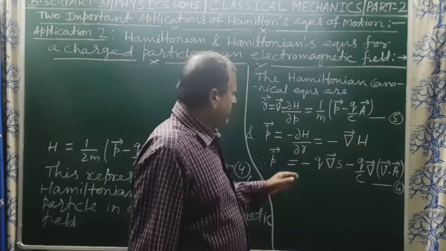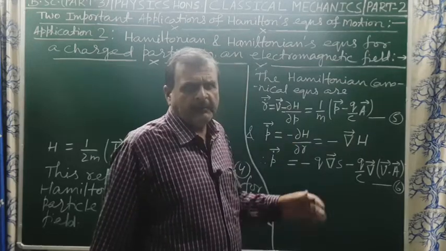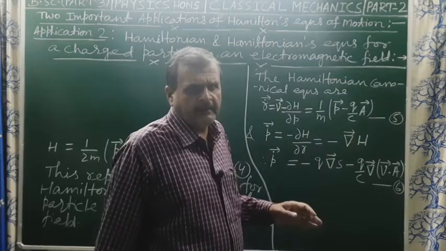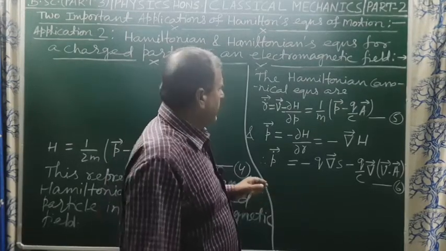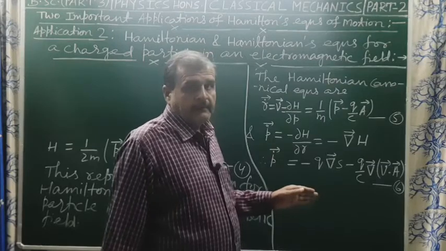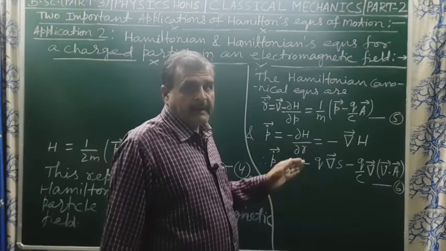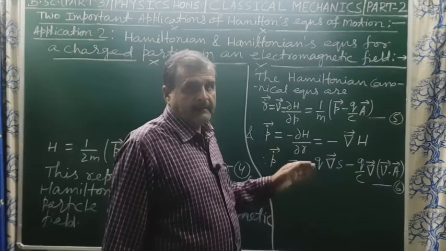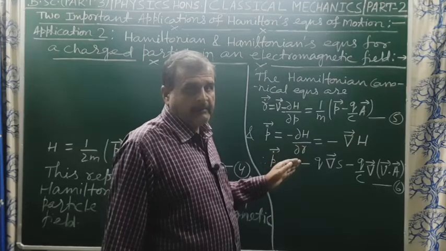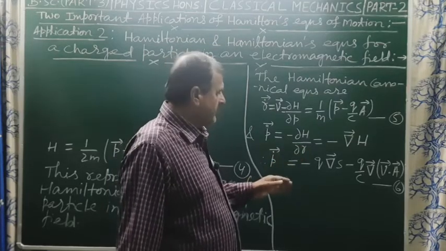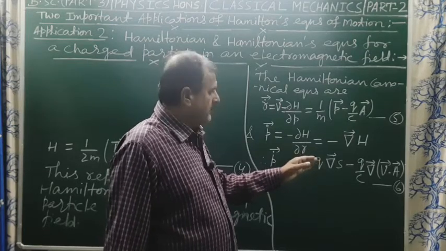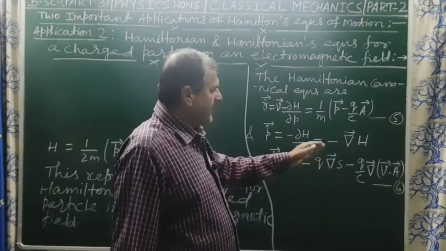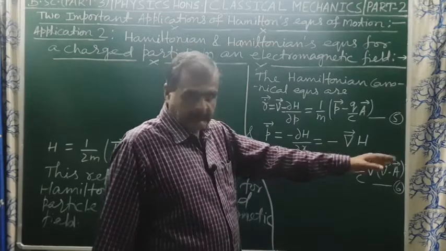Now the potential function is velocity and position dependent. Earlier we took the Lagrangian as the difference of kinetic energy and potential energy, where kinetic energy was 1/2 mv squared, and the potential energy function was qφ minus q/c v vector dot A vector.